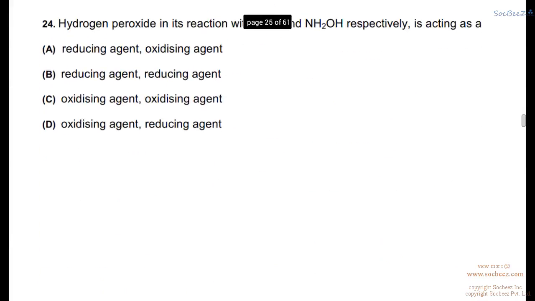The question states that hydrogen peroxide in its reaction with KIO4 and NH2OH respectively is acting as, well, let's see the reactions of H2O2 with KIO4 and NH2OH. With KIO4, the reaction is like this.